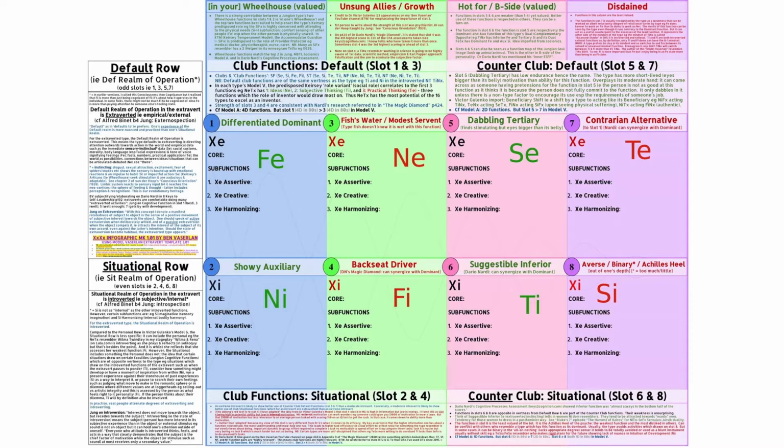So there's seeming contradictions. I think anyone who's into this kind of stuff will have come across this, where you have an idea of a function in your head, and you look at one person, you look at another person, and you're like, oh yeah, they're both doing broadly the same thing.